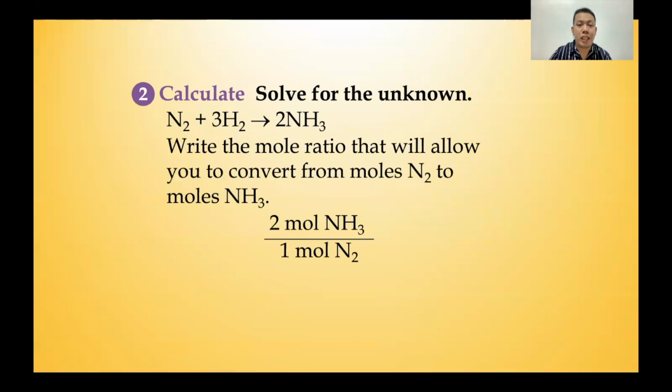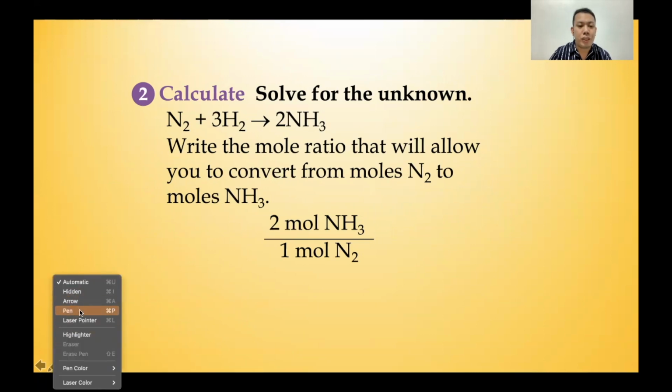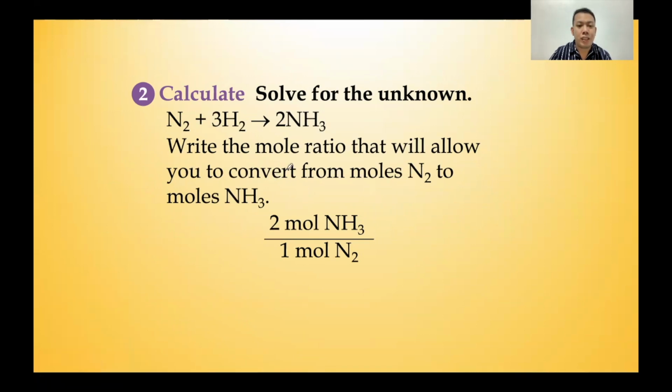The second step is to solve for the unknown. I have included here again the chemical equation. Write the mole ratio that will allow you to convert from moles N2 to moles of ammonia. So again, let us highlight. This ratio came from your balanced equation.